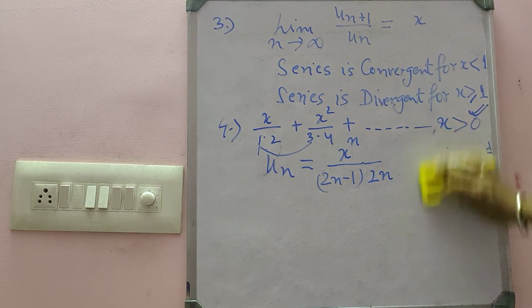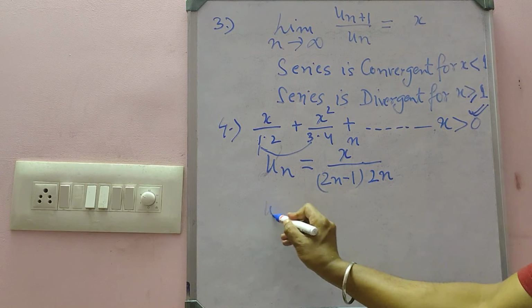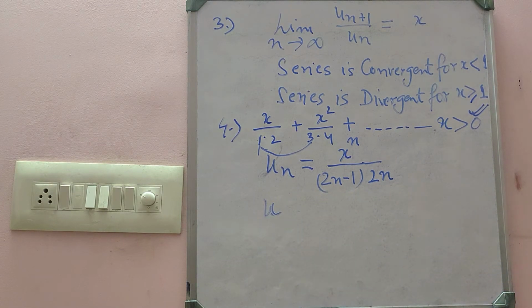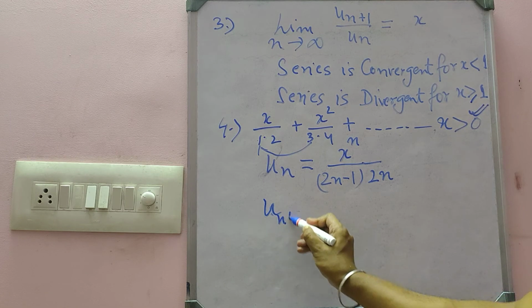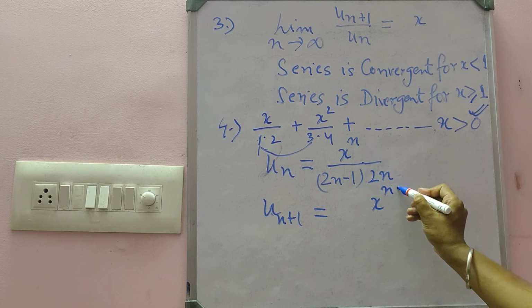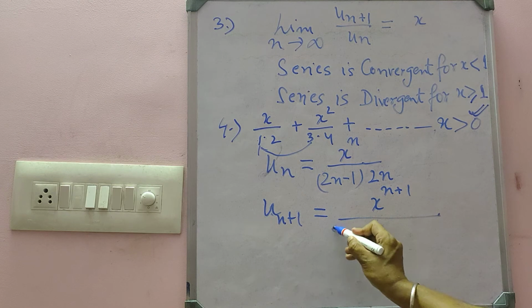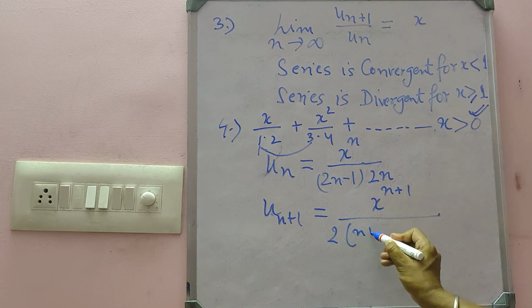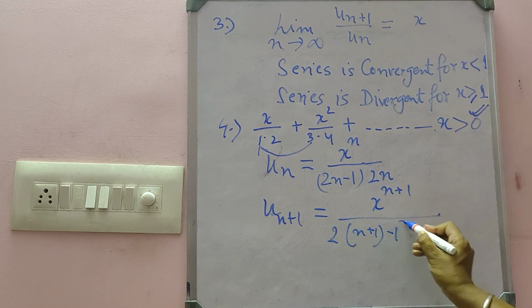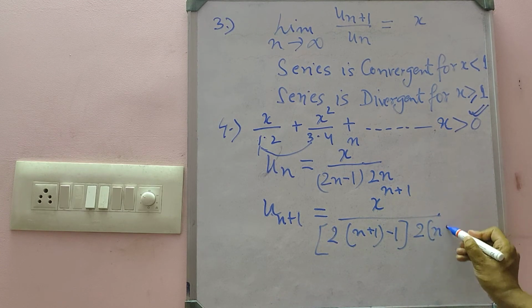Now the un plus 1 term. Un plus 1 is x raised to the power n plus 1 divided by, here in place of n it is n plus 1 in the first bracket, with minus 1 outside, take all in a big bracket, and in the second place also n is replaced by n plus 1.